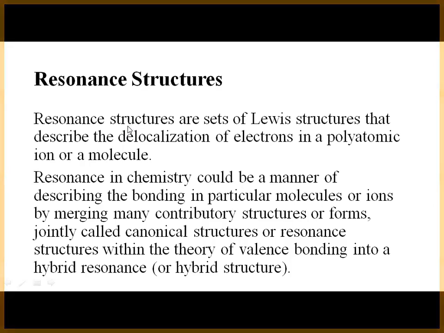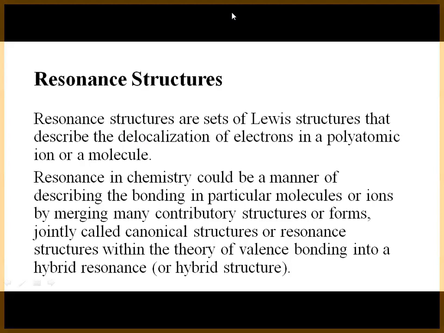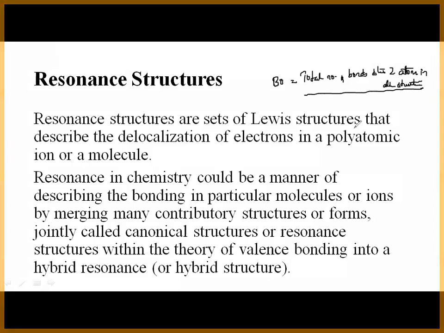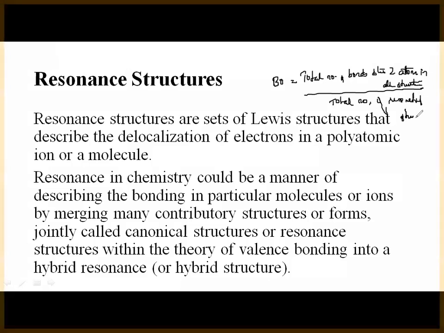Now, in the case of molecules or ions having resonance, the bond order changes. So when there are resonance structures, the bond order changes, and the formula for bond order is the total number of bonds between two atoms in all structures divided by the total number of resonating structures.